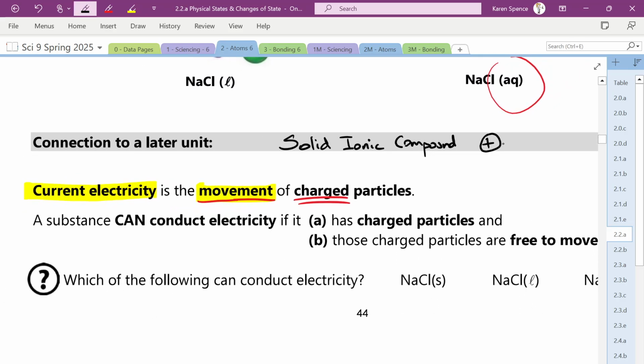It's got a positive alternating with a negative, and a positive and a negative. Does that remind you of anything you've seen today? Yeah? Okay, so this is alternating positive, negative, positive, negative. I'm going to go grab us a crystal.